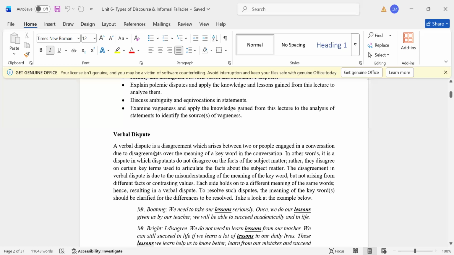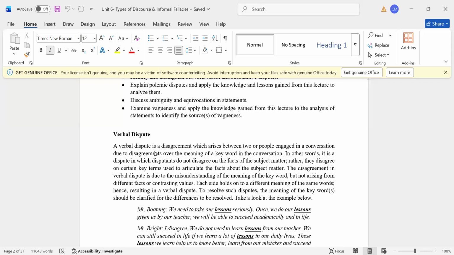Now, look at this example. The key word in this discussion is lessons. Mr. Boateng uses the word lessons in a different context, providing a different meaning to it. Bright is also using the same word lessons in a context that is completely different from that of Boateng.